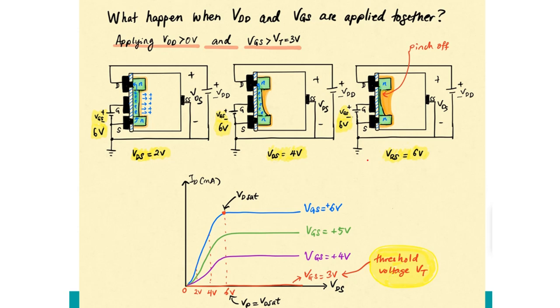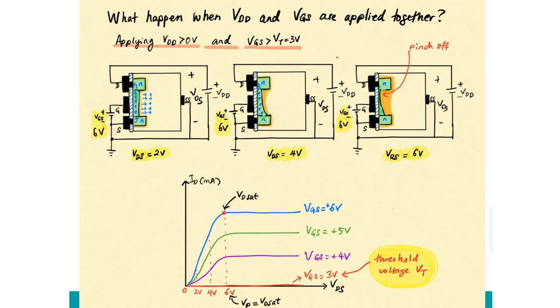We take a look when these two processes, applying the VDD greater than 0 and VGS greater than VT, are applied together. When we apply them together here, I choose VGS equal to 6 volt. During this time, this VGS is greater than VT, which is 3 volt.